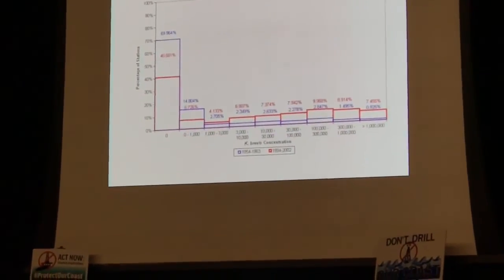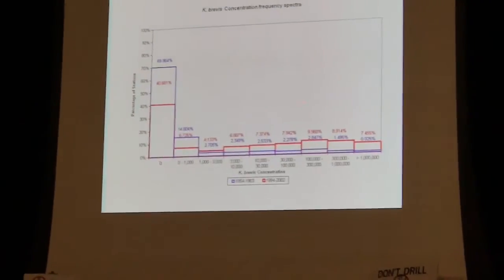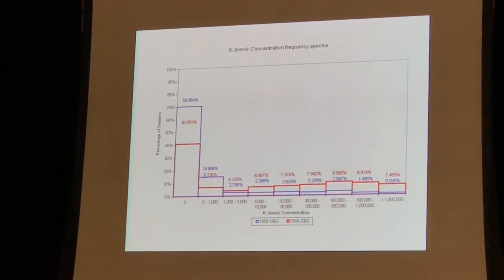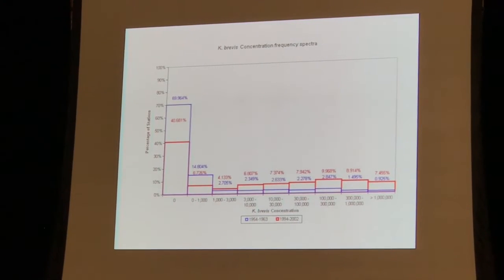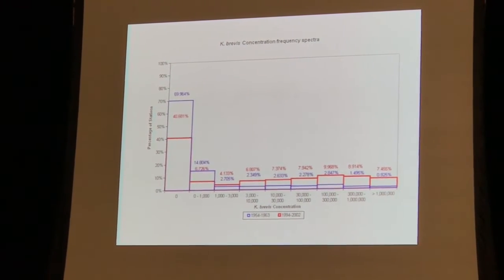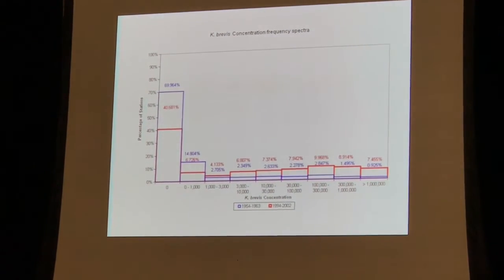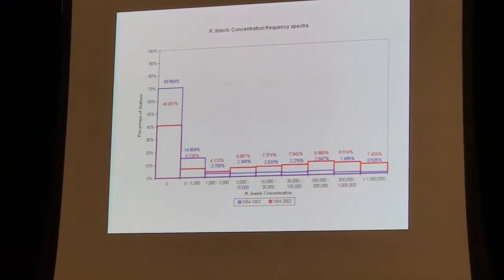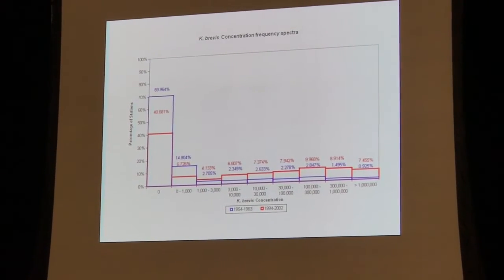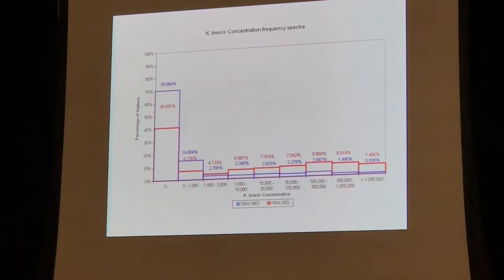Now what people focus on is anything over about 100,000 cells per liter. It's at that concentration that you can actually see discoloration in the water. You actually start getting the irritation from this tear gas type of toxin, and you start to see dead fish. That's your toxic levels. And that's what people focus on, anything over 100,000 cells per liter.